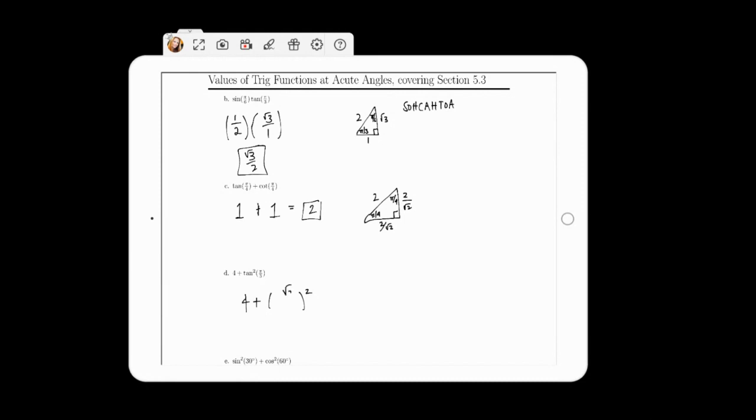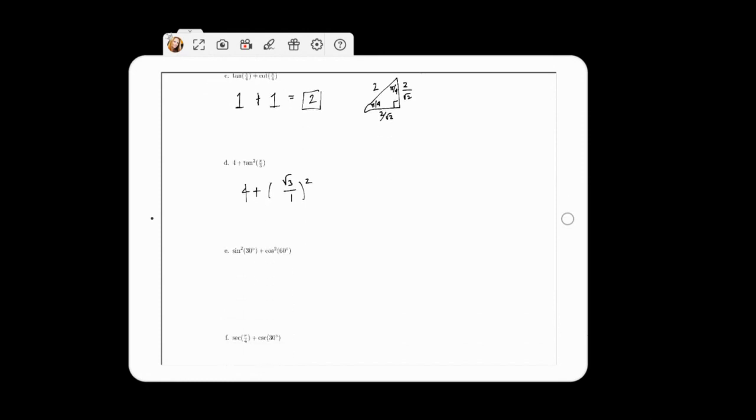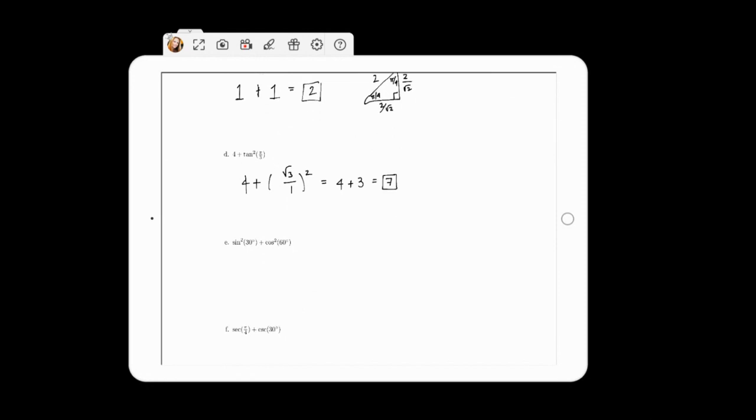So it's root 3 over 1. Okay, so totally we have to square that to simplify. So I have 4 plus 3, which equals 7. Okay, so that one is equal to 7.